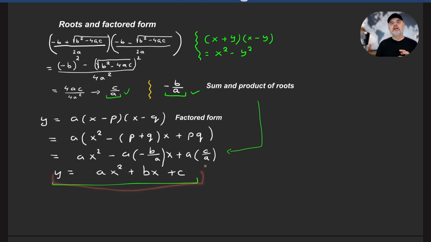Everything is now connected. You can convert factored form into expanded, standard, and vertex form, and vertex into standard. Everything can now be quickly converted.